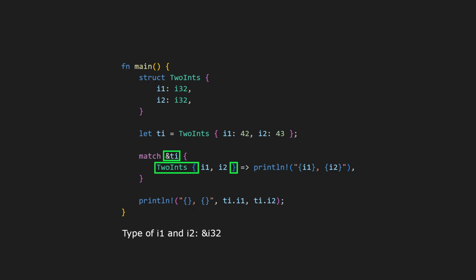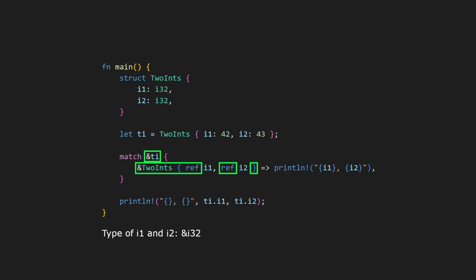To get this behavior prior to the introduction of match ergonomics, you would have had to use a pattern that explicitly matched the reference and then used the ref keyword modifier to force binding by reference rather than by copy. Note that ref has no effect on whether a match is made, but only acts as a binding modifier. This syntax is more verbose than with match ergonomics, but it's also more explicit and immediately obvious.